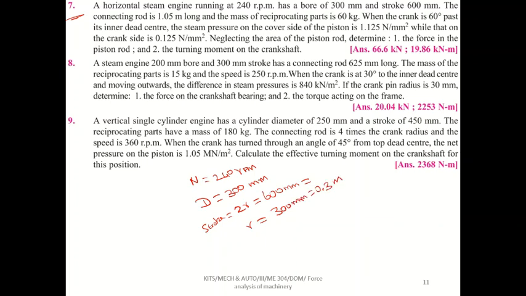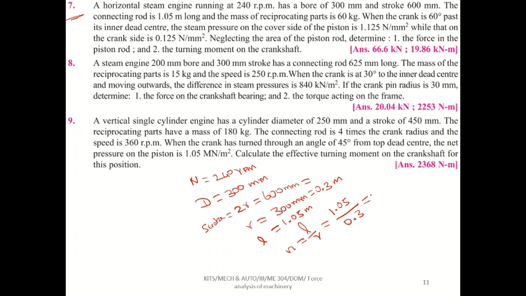What else they have given? Connecting rod length is 1.05 meter. So now you can find the n value, the ratio of connecting rod length and crank radius, 1.05 divided by 0.3.